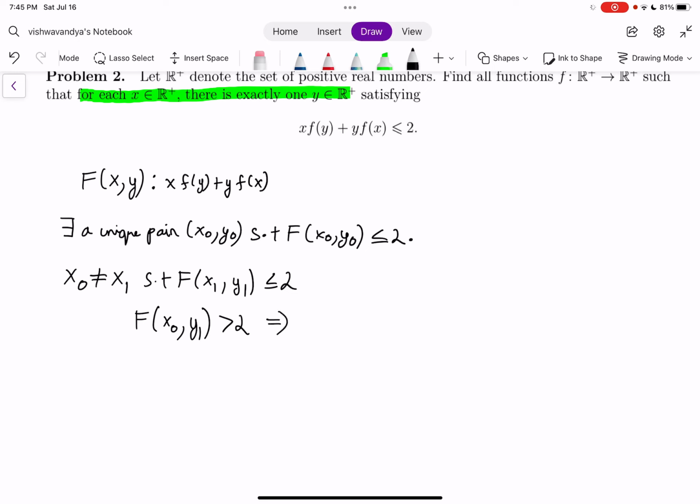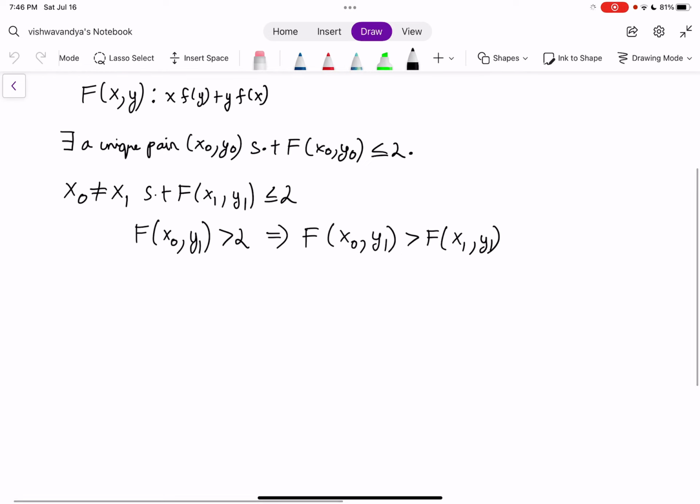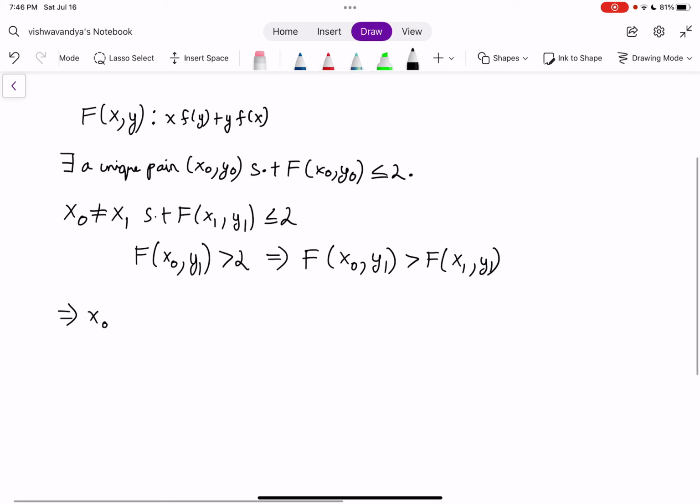So this implies that f of x naught, y1 is greater than f of x1 comma y1. Let's expand it. We have that x naught f of y1 plus y1 f of x naught is greater than x1 f of y1 plus y1 f of x1.